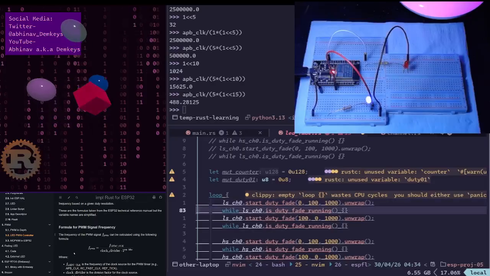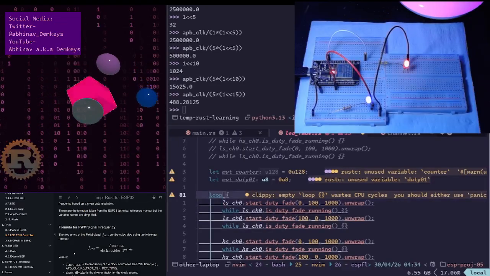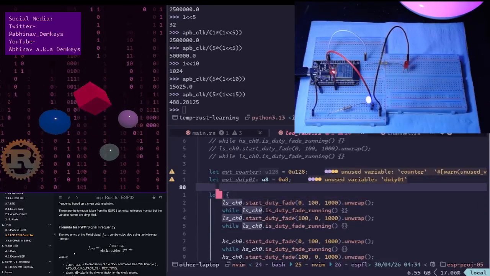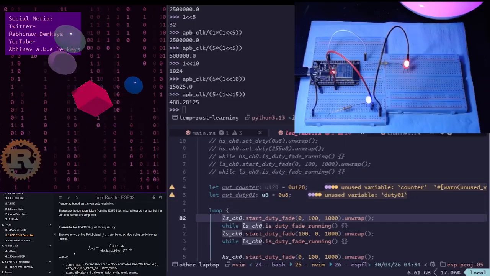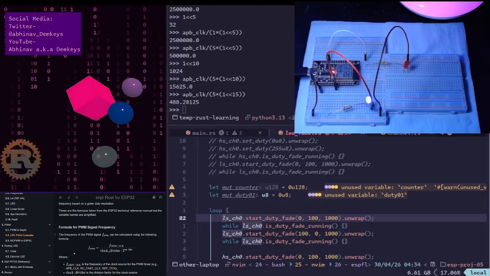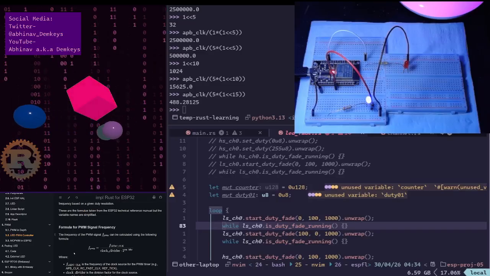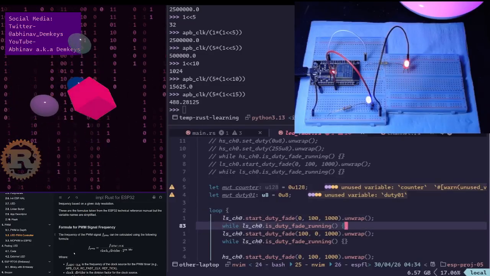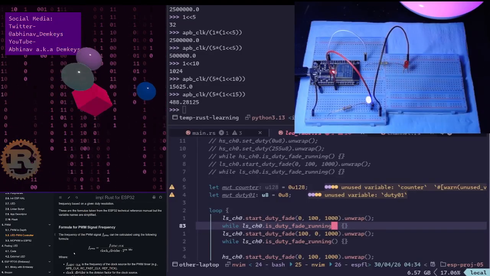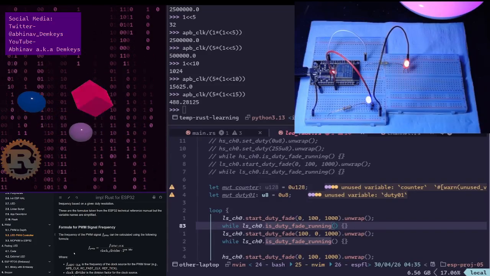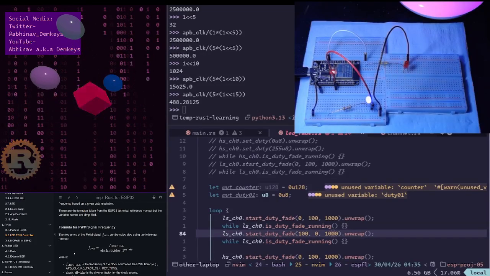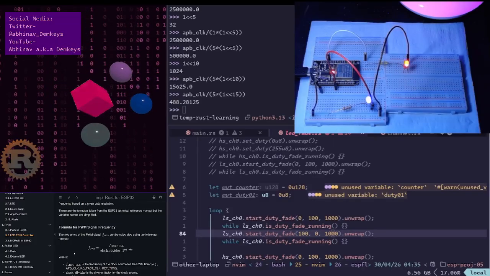This is our loop code, and in here this is basically just fading from 0 to 100. But in order to make that fade happen, we have to run this while loop so that while the fade is running, nothing else happens. It doesn't progress further.